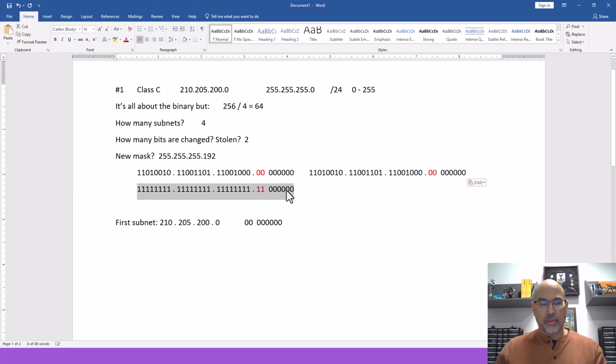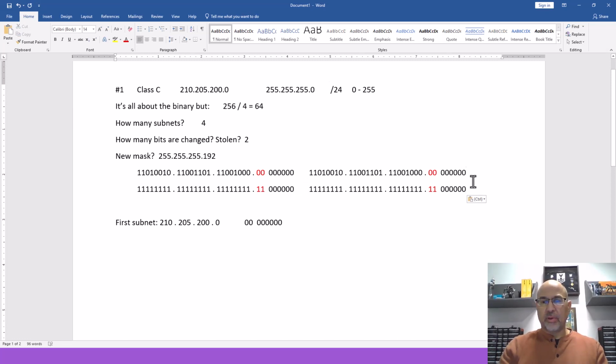Well, I'm just going to copy these over like this, and I'm now going to convert this to all ones. So, not manipulating the mask or the subnet here, just dealing with the ranges, the maximum number of addresses that when ANDed with the mask, I get the same value. And it turns out that this value is 63.